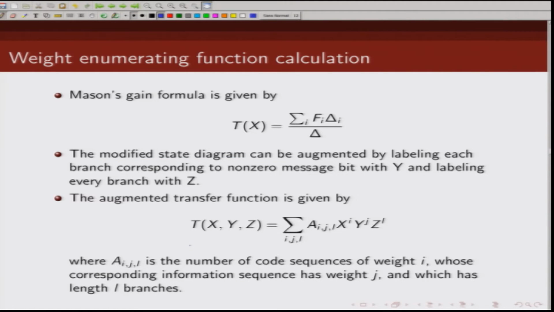We can then similarly define an augmented transfer function, which will not only tell us the code word weight, but also the input weight that results in that particular output weight, and the length of that particular code word. By length I mean the time from when it diverges from the all 0 state until it comes back to the all 0 state.